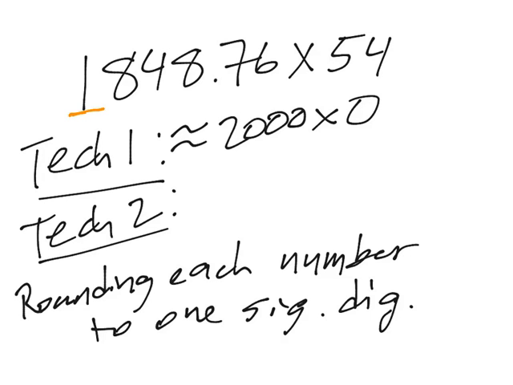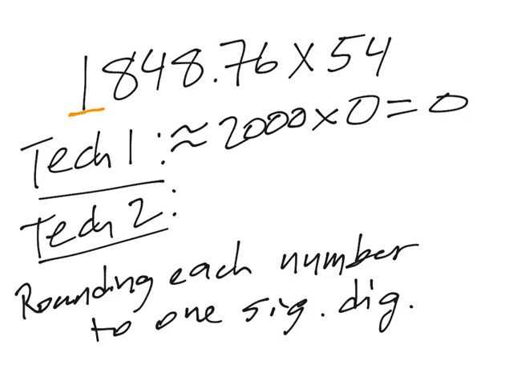And the problem with using Technique 1, although in real life it would be great to pay approximately nothing to pay off your house, is that it's certainly not true, and it's not really helpful.